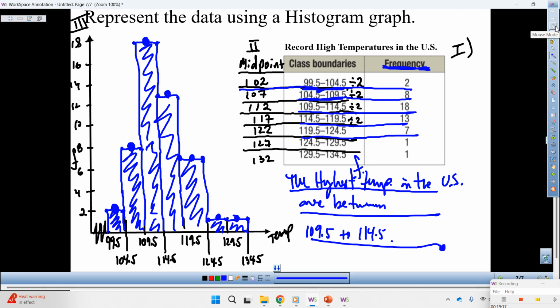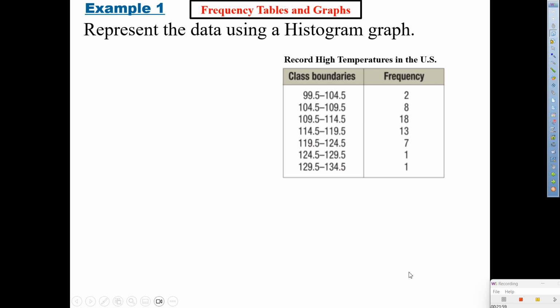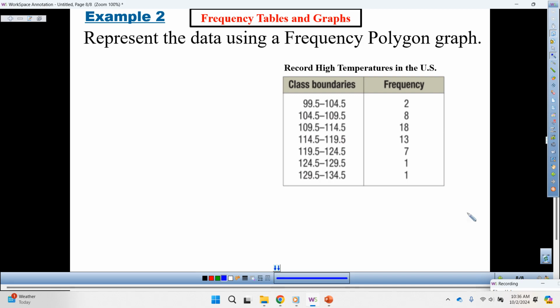Copy this next one. Example number 2. This one is, we're going to represent a frequency polygon graph. Notice it's the same table, just for the sake of time, to save time. Frequency polygon, copy that table, and label it.